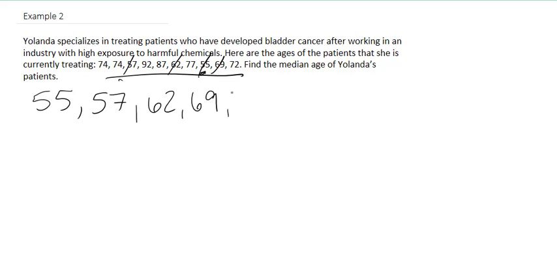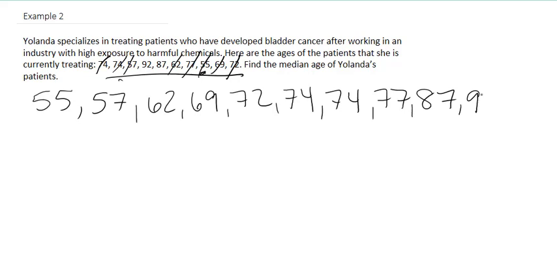Then we have 72. Cross that out. 74. And then we have another 74. Then we have 77, 87, and 92. Perfect.